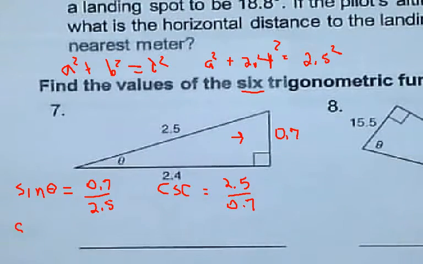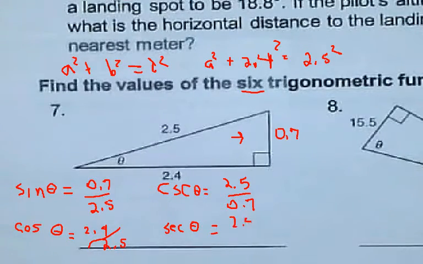Okay, cosine. Cosine has to be adjacent over hypotenuse, so the cosine is 2.4 divided by 2.5. That means the secant is the reciprocal. Whoops, I forgot my theta. The secant is 2.5 divided by 2.4. And then the tangent, whoops, I'm running out of space.